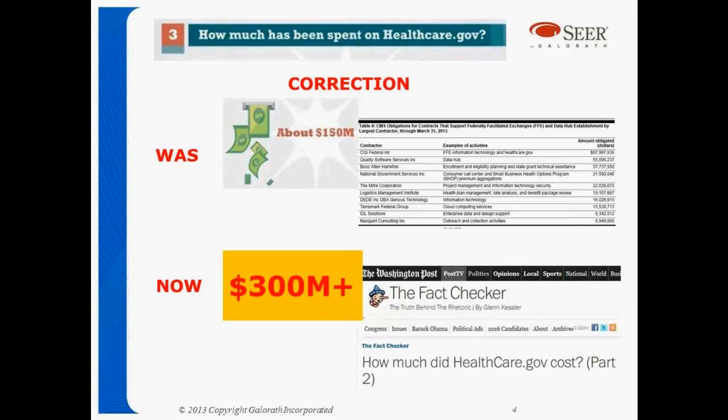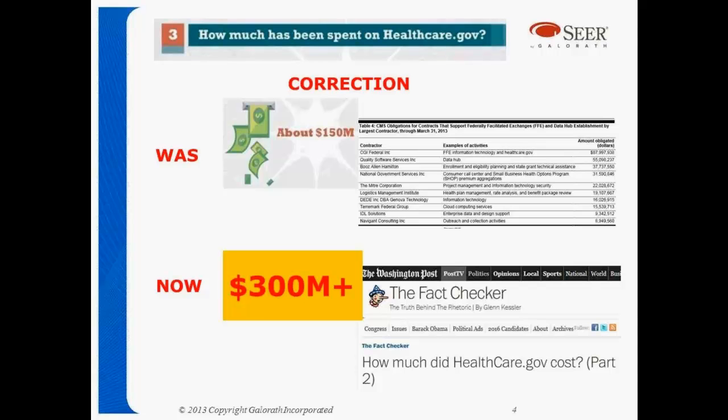In our infographic, we stated that the cost of the site was $150 million. We got that number by going through the GAO report on HealthCare.gov. We went through USA Spending. We went to other places, including contacting the authors of the New York Times article, which talked about the cost.